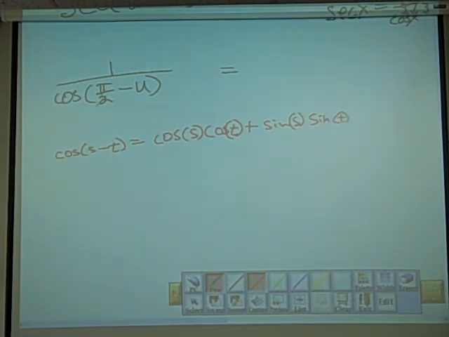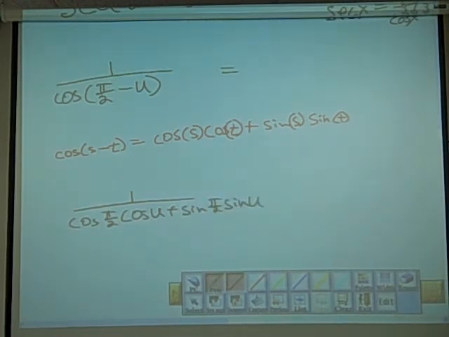Okay, so we're going to make this 1 over cosine pi over 2 cosine u plus sine pi over 2 sine u.